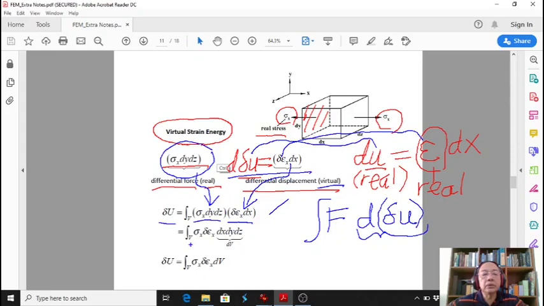So this is equal to sigma x, and we move the virtual strain to here.